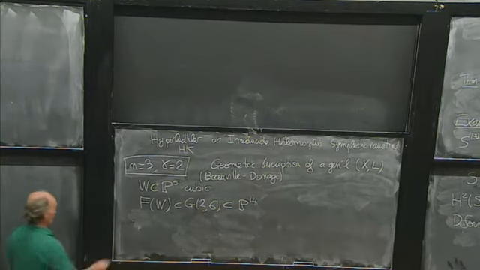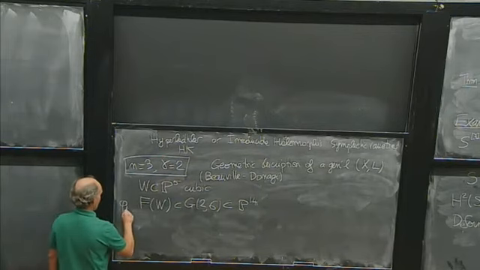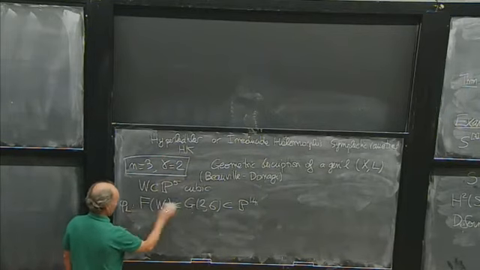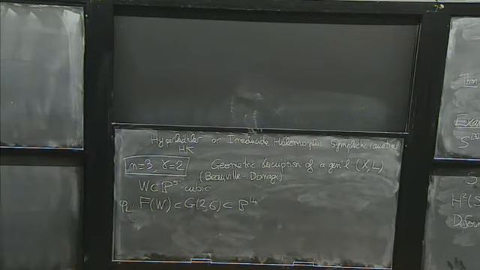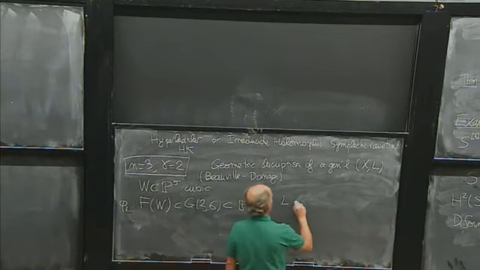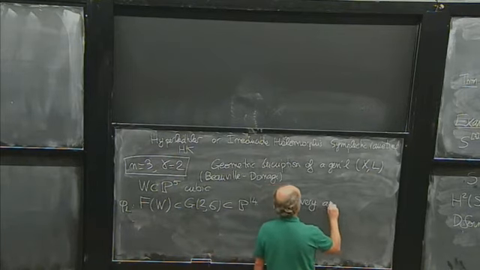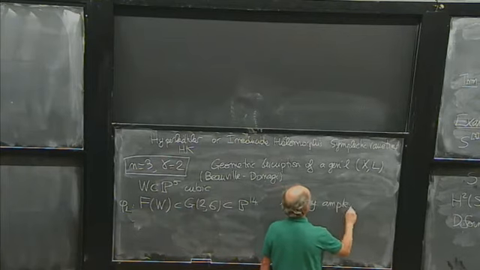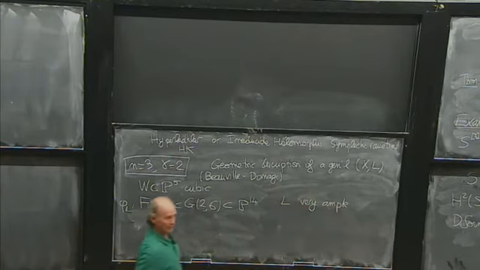The map that I'm describing, which is obviously an embedding, is the map associated with the polarization. So in particular, L is very ample on the general X_L.